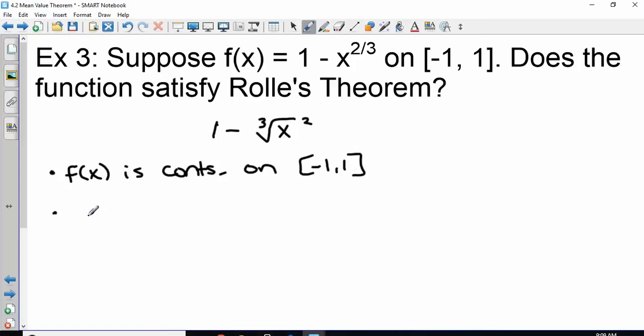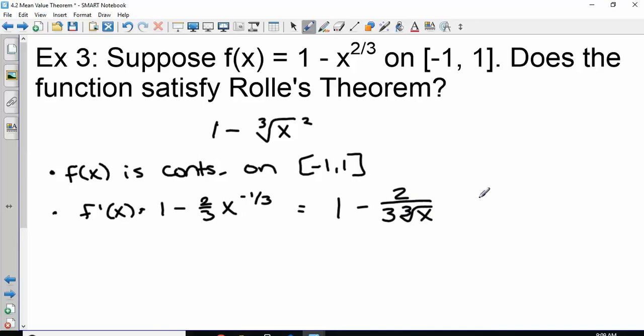Let's do the derivative. So I get 1 minus 2/3 x to the negative 1/3. That's like saying 1 minus 2 over 3 times the cube root of x.